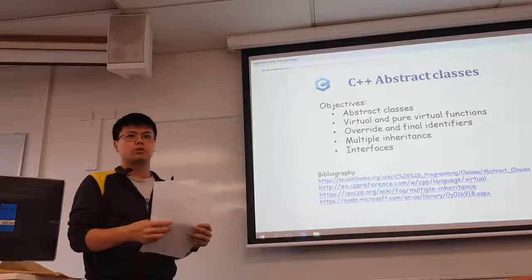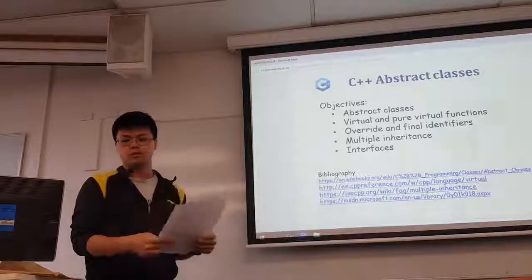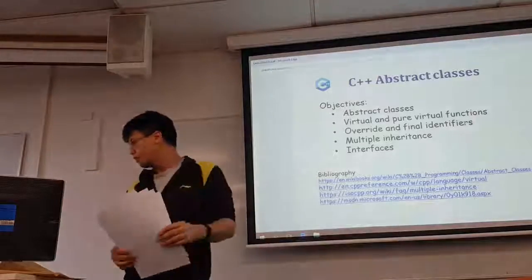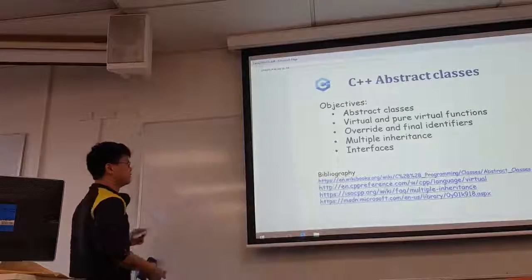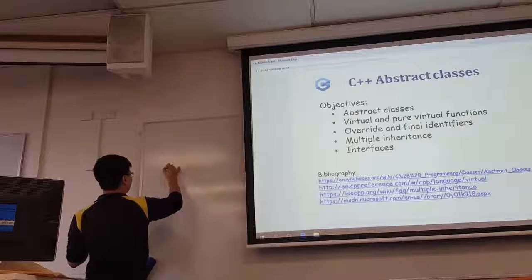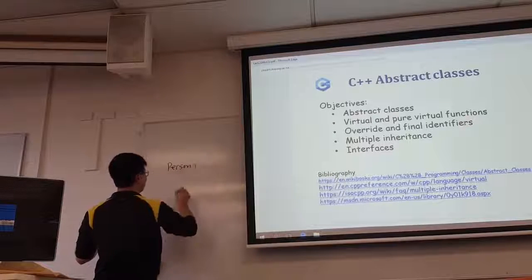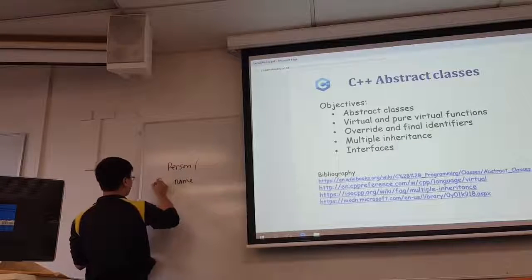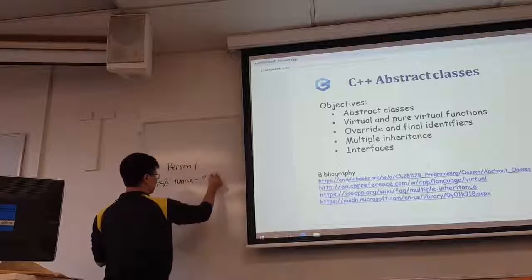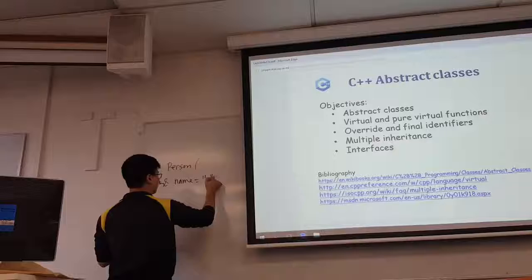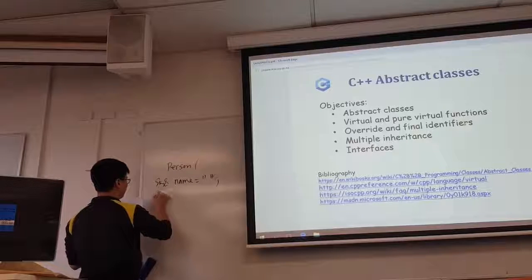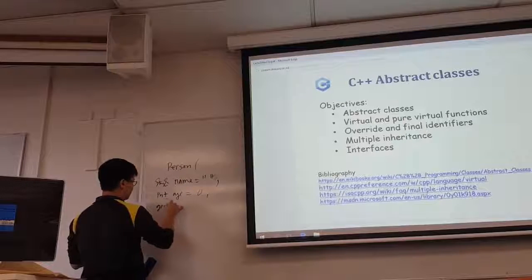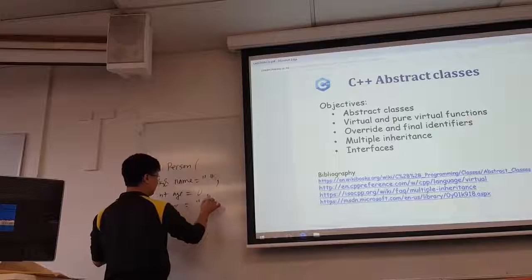Also, the constructor that is both default and user defined is a constructor with all arguments having a default value. So with a constructor like this: string name is empty, int age is 0, and string gender is empty.